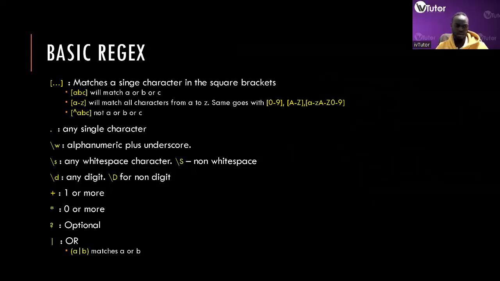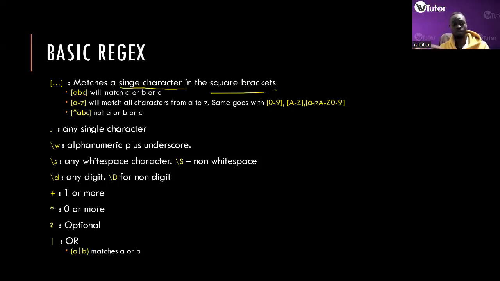So how do you match something with a regular expression? The first thing we're going to talk about is the square brackets. Square brackets are used to match a single character. It's very critical to understand these two things.